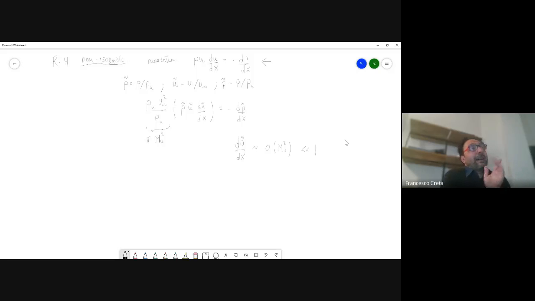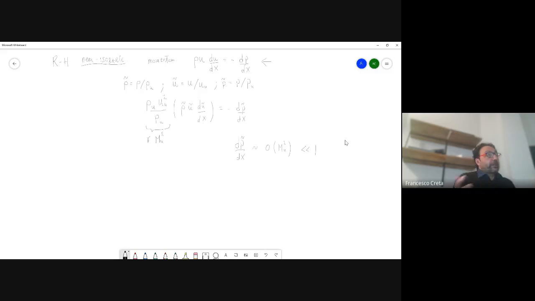You always have some variation of pressure because otherwise the momentum equation tells you that there is no movement, okay? So clearly in gas dynamics, gradients of pressure are the, let's say, the engines of movement, the sources of movement, of fluid flow.